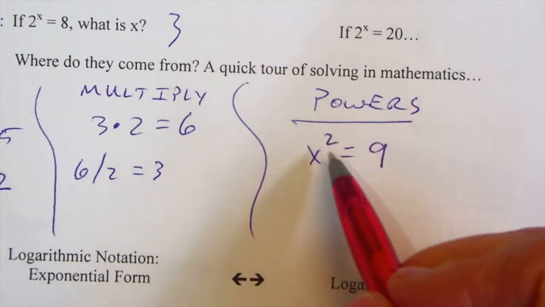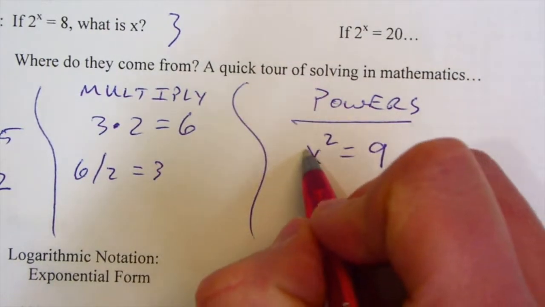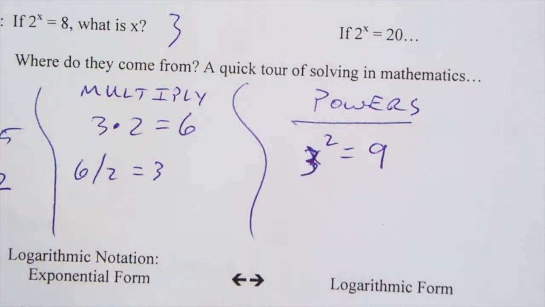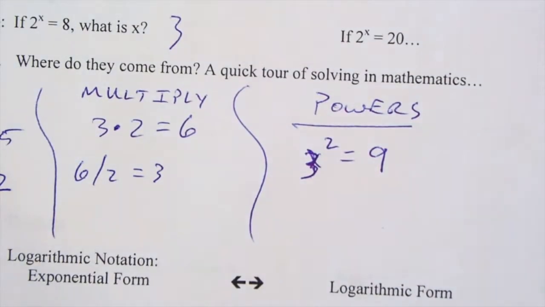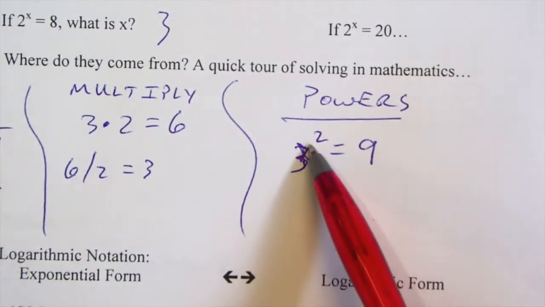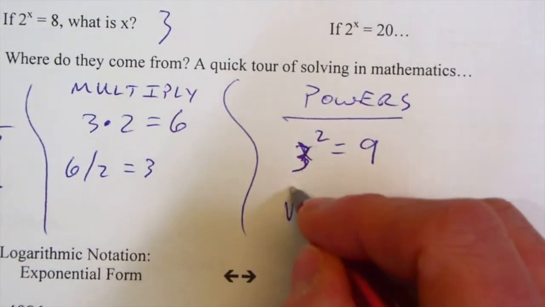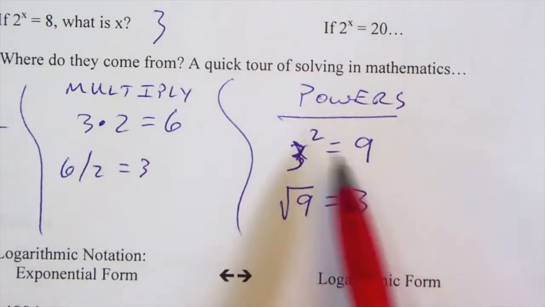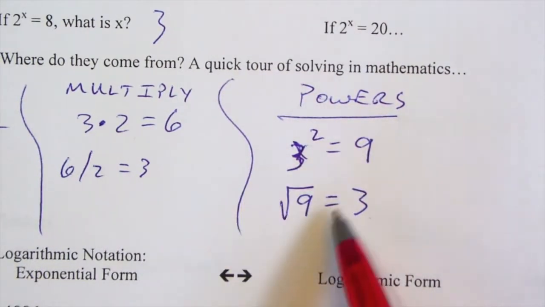Well, we would know that this was going to be equal to 3, so we could put a 3 in here. So 3 squared is equal to 9. But once you learn about powers, you can also learn about roots. So I could take these same numbers and rewrite them in root form. Well, the opposite of a square is a square root. So I would say square root 9 is equal to 3. So these are the same numbers. This is power form. Rewrite it in root form.